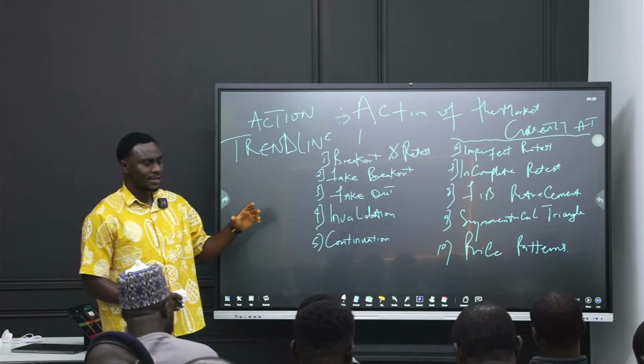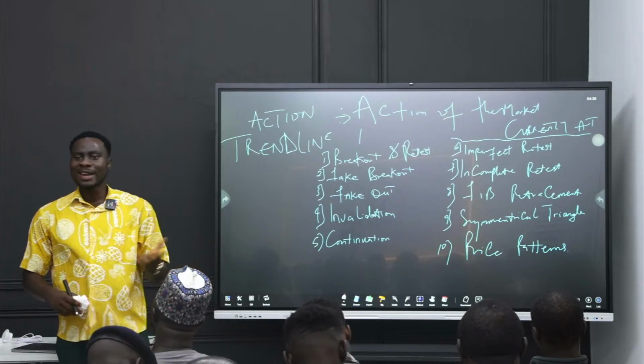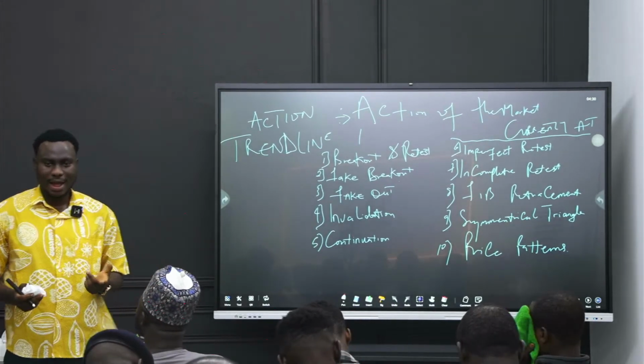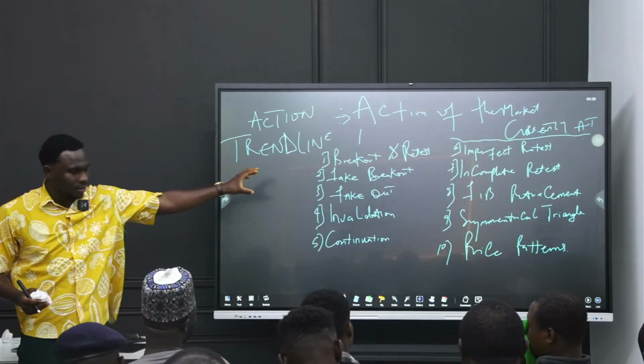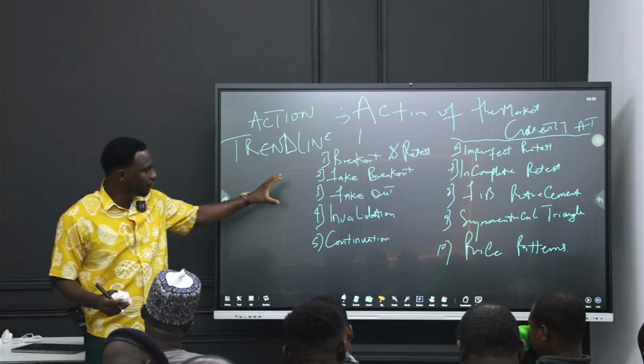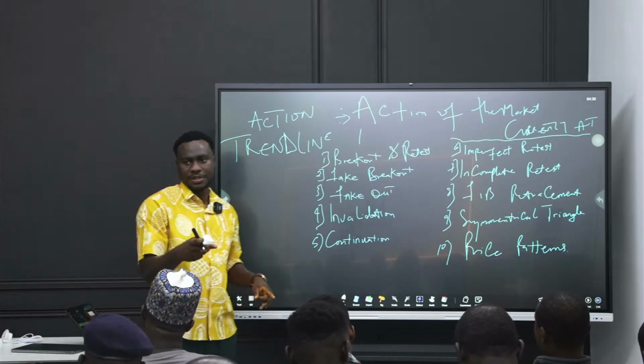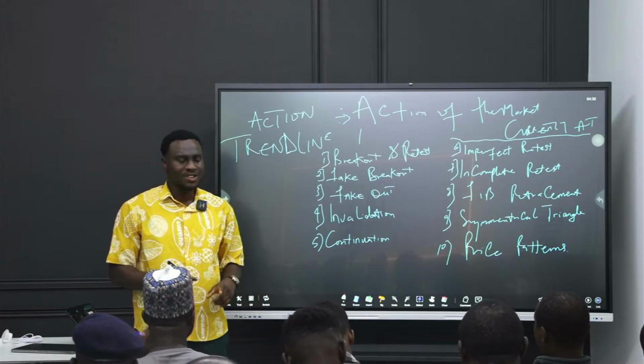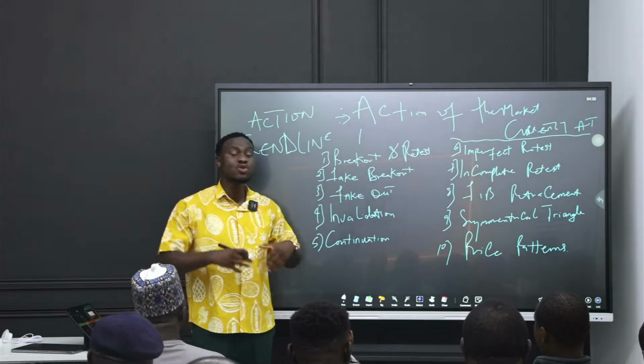So these are different actions, meaning that anytime I'm analyzing the markets, I am looking out to get any of these. Once I find any of these, it leads to something. So these are the actions that we are looking out for in the market.